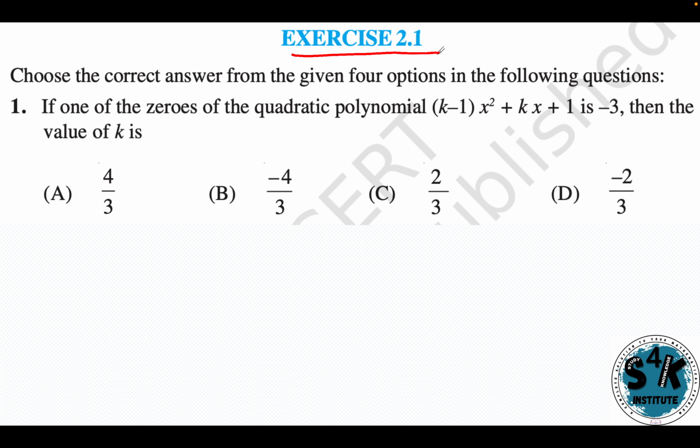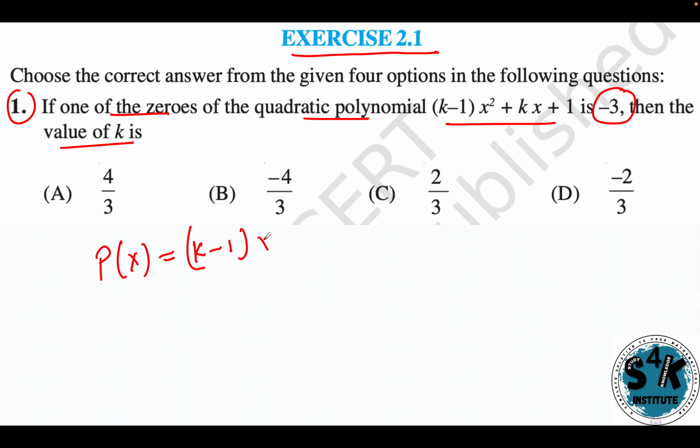Now exercise 2.1. If one of the zeros of the quadratic polynomial is minus 3, then the value of k, the way we did sample problem 1. So we will write k minus 1 x square plus kx plus 1.